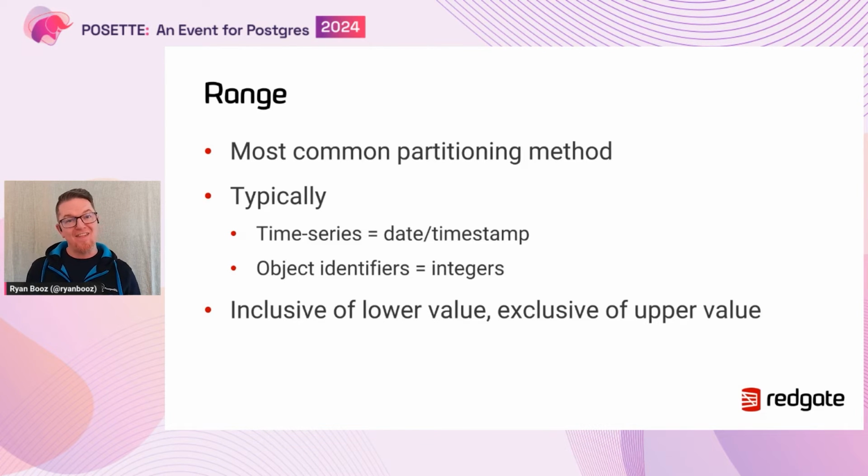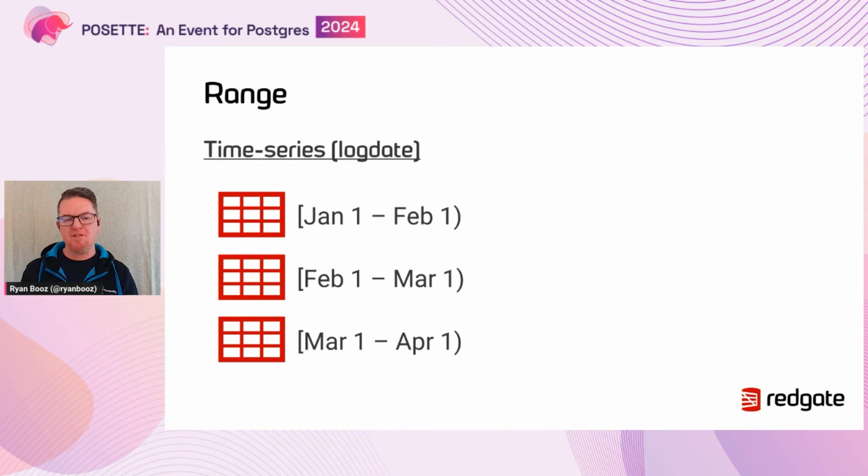The assumption being that the next partition will include at the beginning that upper value that you ended with on a particular partition. And so that means in something like time series data, maybe you're partitioning based on a log date. Log tables tend to get very large very quickly.